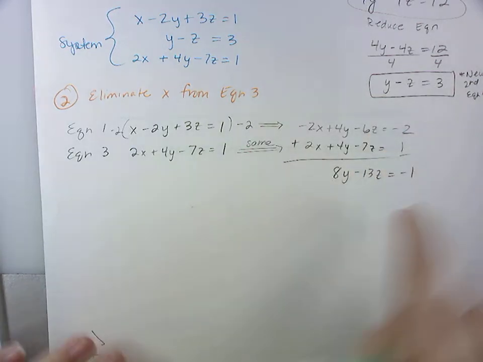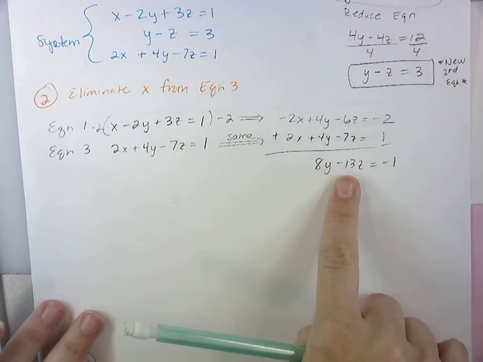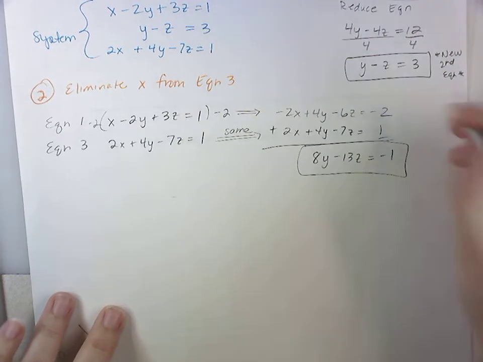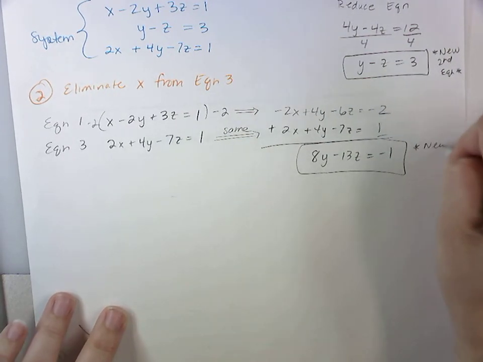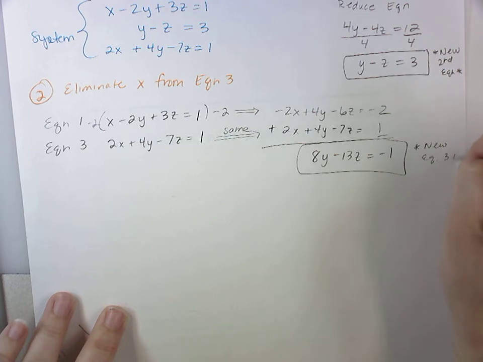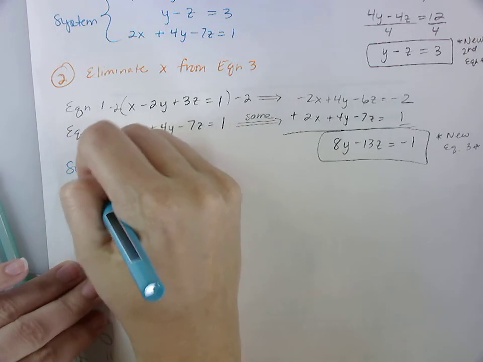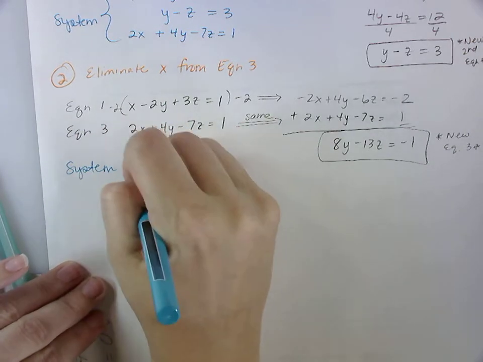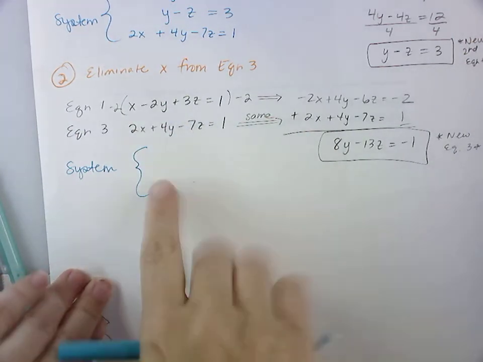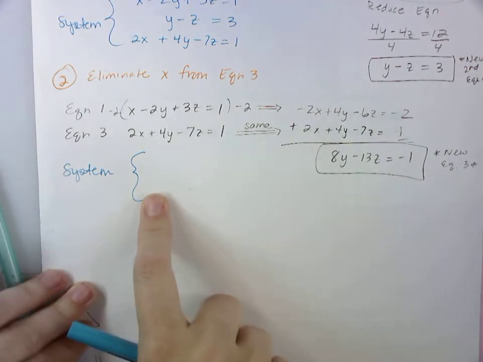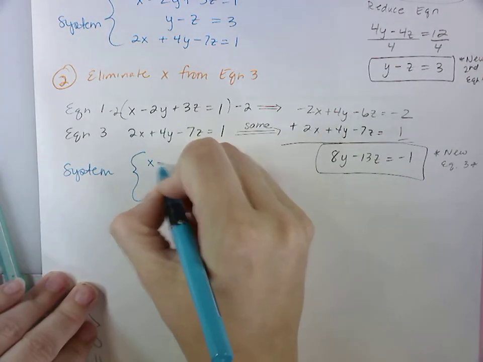Can I simplify anything here? No, I can't divide by anything. So then this is going to be my new equation 3. So with this being my new equation 3, I'm just going to show you what my system is. You don't have to write your new system every time you do this. I'm just doing it to show you while we're doing the steps.